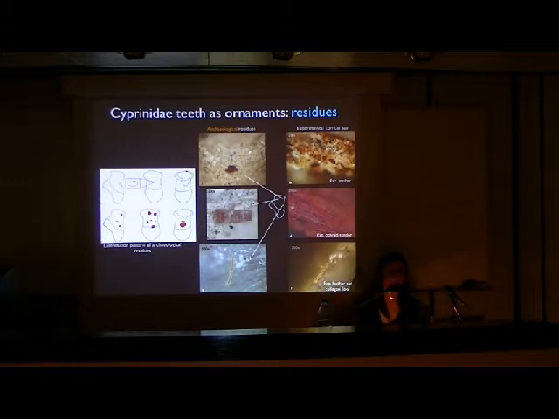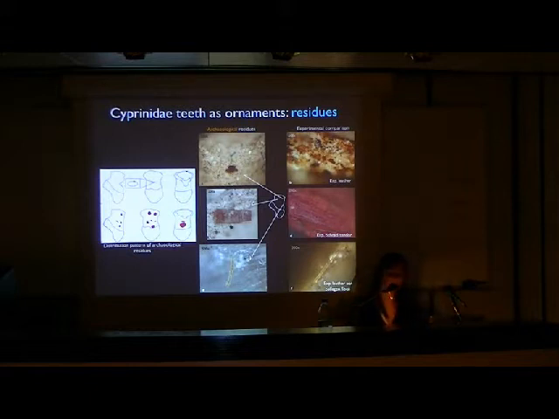Together with these ochre residues, which are not uncommon when working with ornaments, I found also animal tissue residues, which were compared to the experimental reference collection. And I have also to thank many persons who are here because they helped me to carry out these experiments here in Rome.